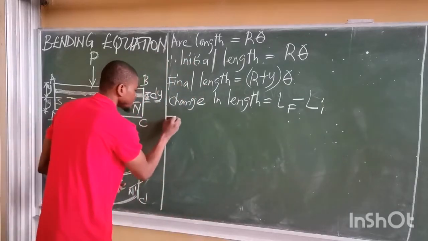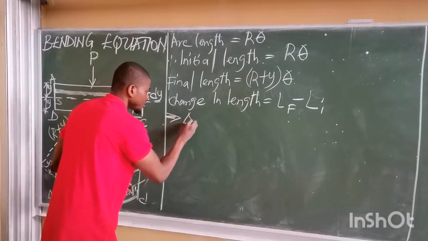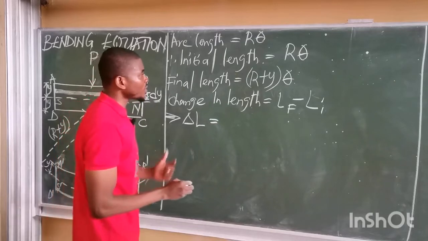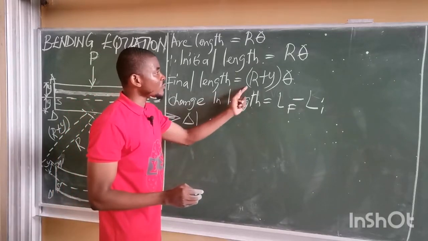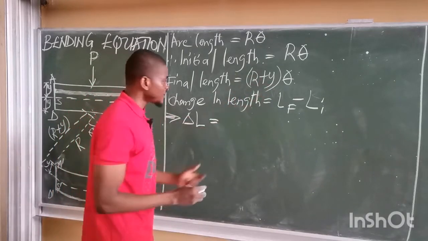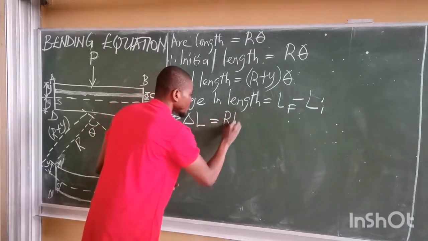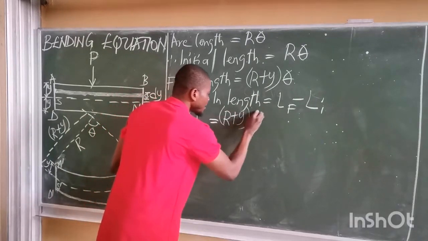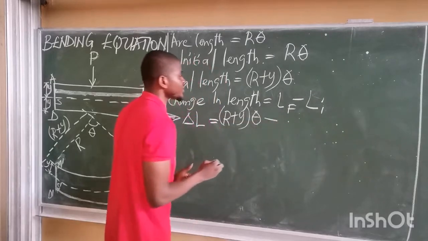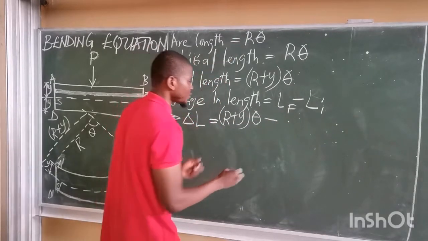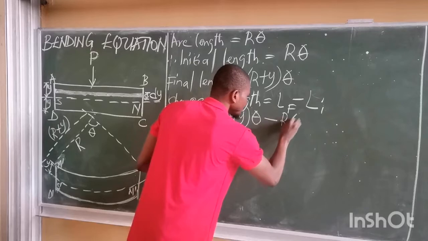Therefore, change in length is now equal to the final length, we call it r plus y multiplying by theta. So we simply have r plus y multiplied by theta minus the initial length, which is simply r theta.